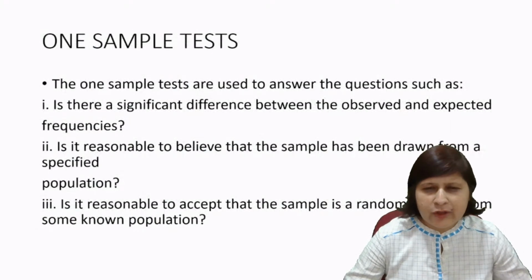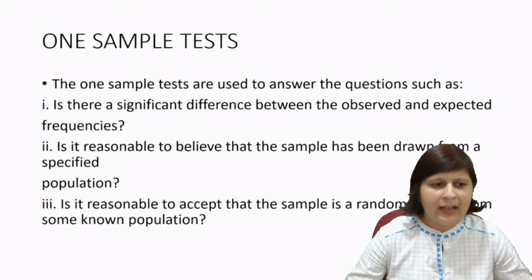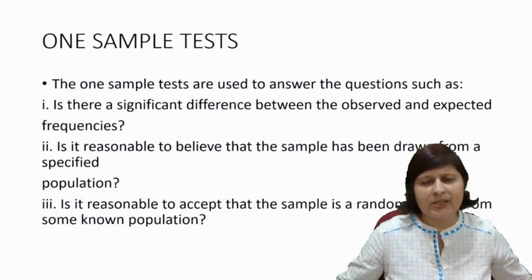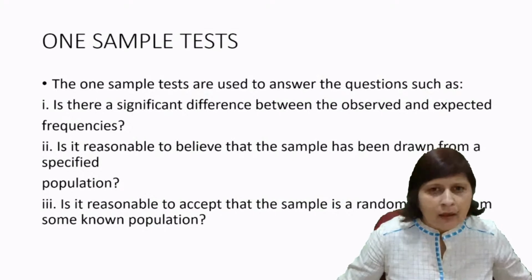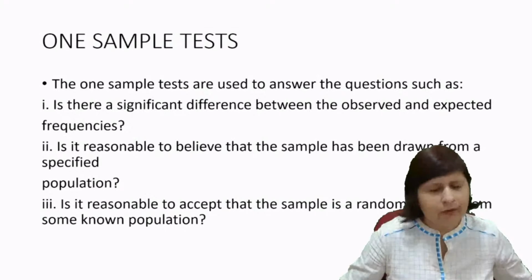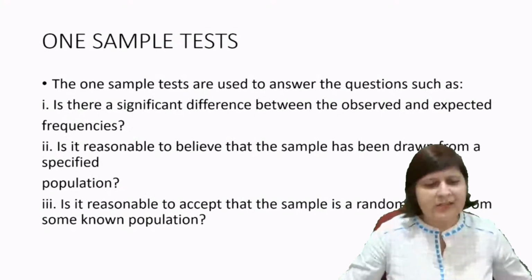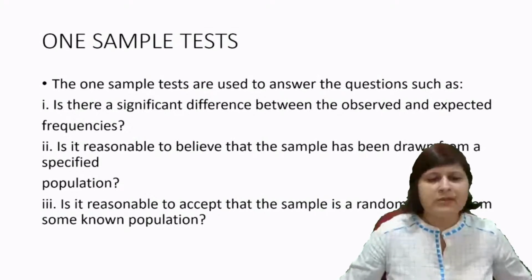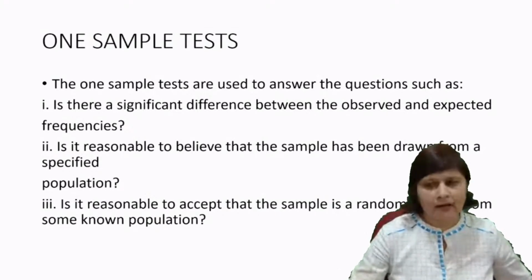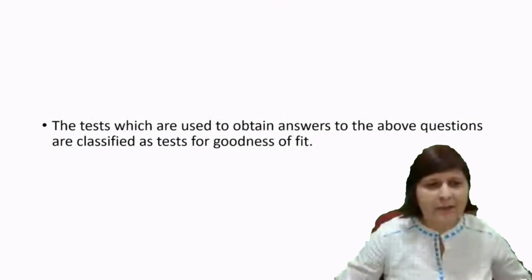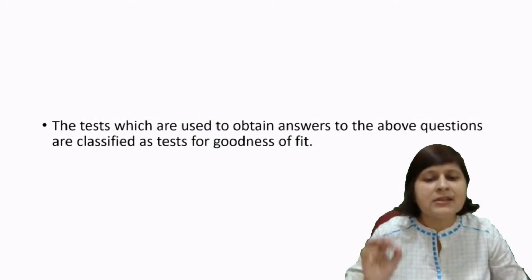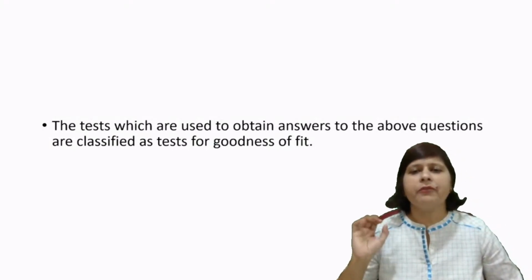If these are the questions, like, is there a significant difference between the observed and expected frequency, whether the sample is a random sample, or is it reasonable to believe that the sample is drawn from a specified population, then the test used to obtain the answer to the above questions is the test for goodness of fit.